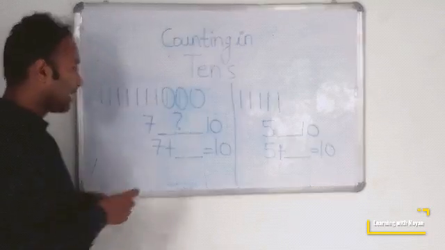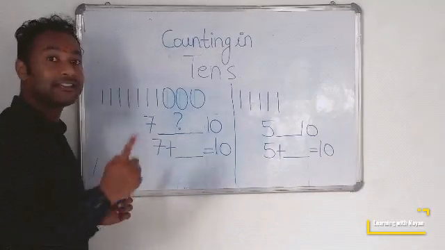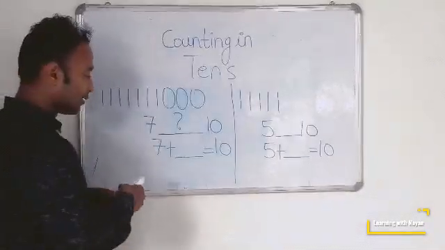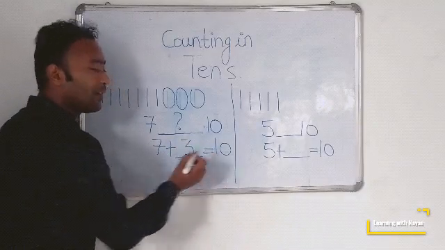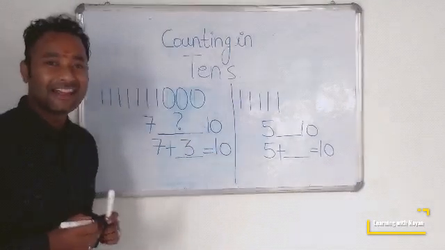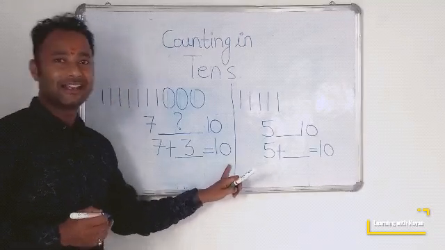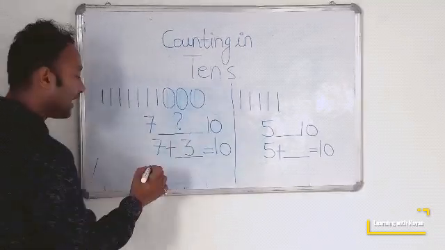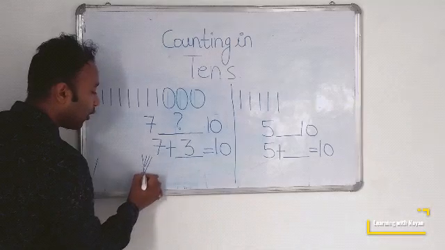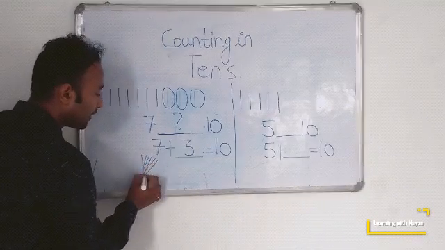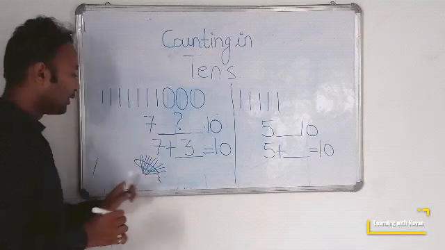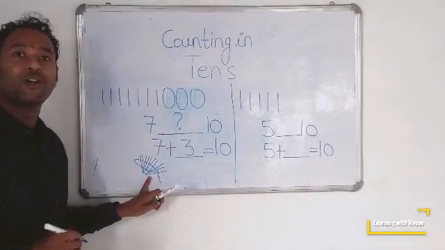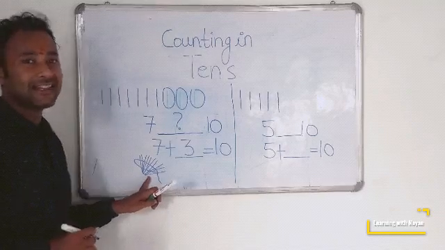So with this concept, sir has added 3 more sticks. So 7 plus 3, how much? Yes, there are 10 sticks. So now you can say that it is a bundle of 6, 7, 8, 9, 10. So now students, you can say that it is a bundle of 10 sticks.